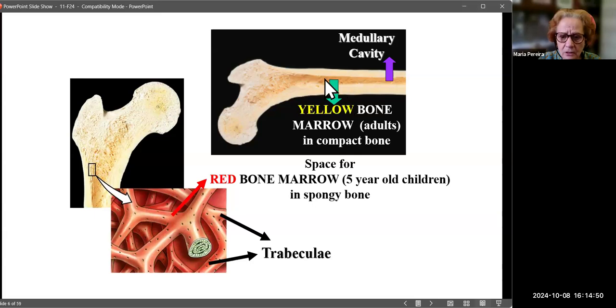In adults, they have mostly yellow bone marrow. And in children up to 5 years old, they have mostly red bone marrow. So you see here the trabecula that makes up the spongy bone and these cavities where the red bone marrow is stored.